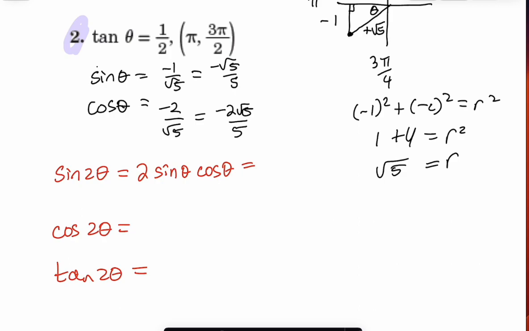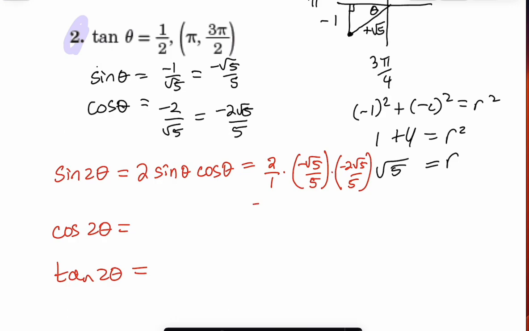Okay, the sine of theta is negative radical 5 over 5. The cosine of theta is negative 2 radical 5 over 5. Let's put those next to each other. And I'm going to write that 2 as a 2 over 1, because the other ones are fractions, that's how you make that one look like a fraction.